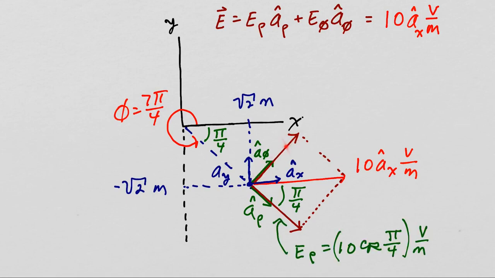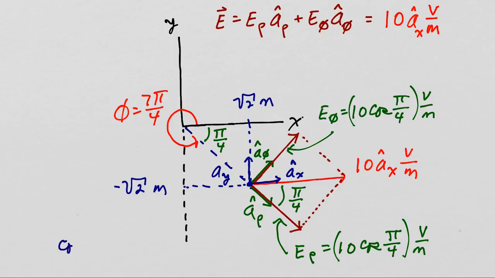Similarly, this side, which is the phi component, will be the hypotenuse 10 volts per meter times the cosine of pi over 4. And the cosine of pi over 4 radians is root 2 over 2.